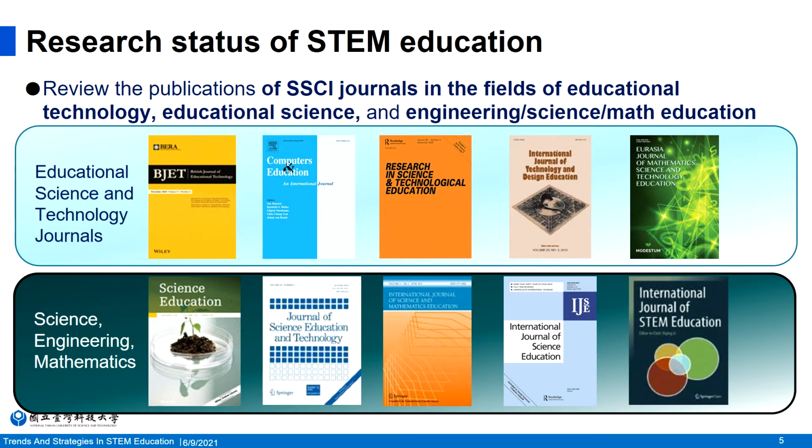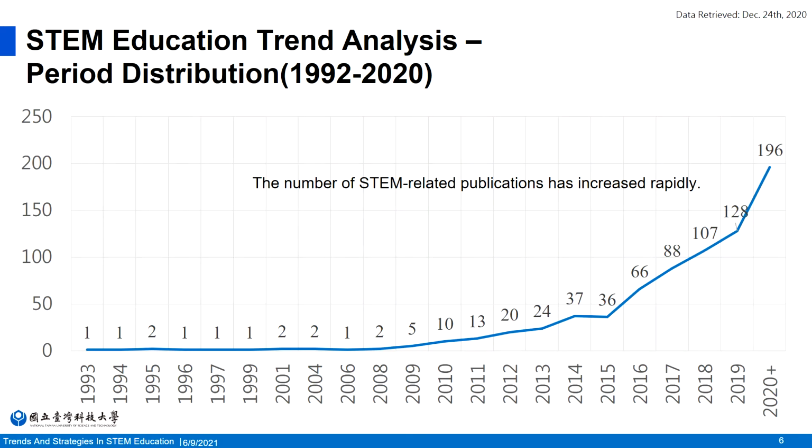To know more about the research status of STEM education, we have reviewed the publication of SSCI journals in the field of educational technology, educational science, engineering education, science education, and mathematics education. This slide shows the number of STEM-related publications in each year.